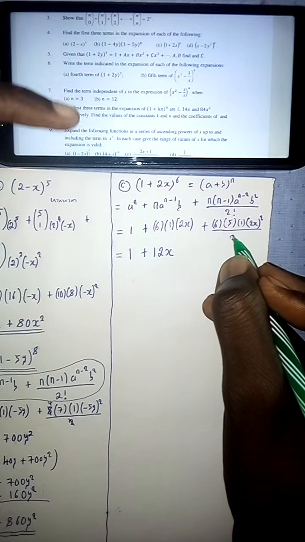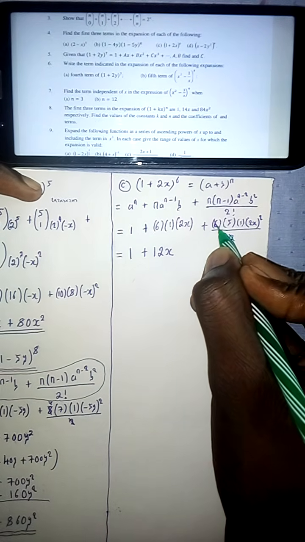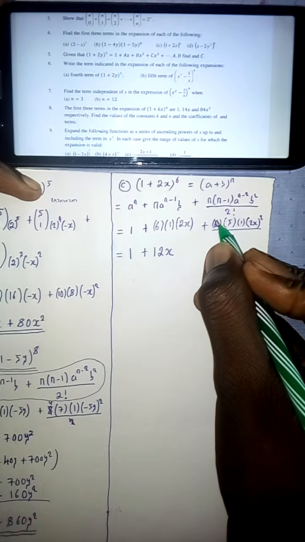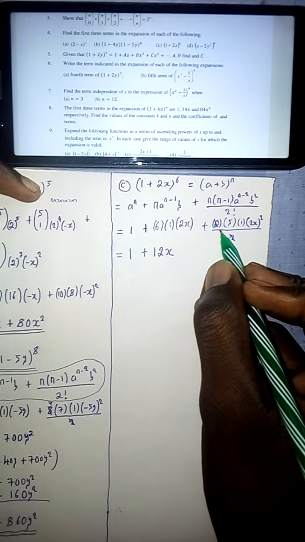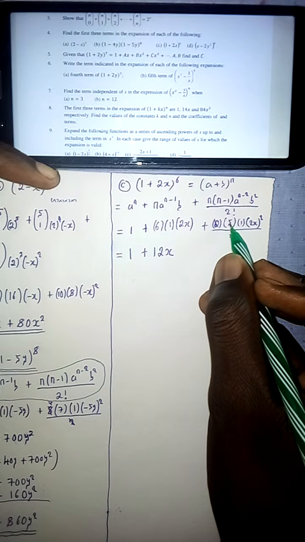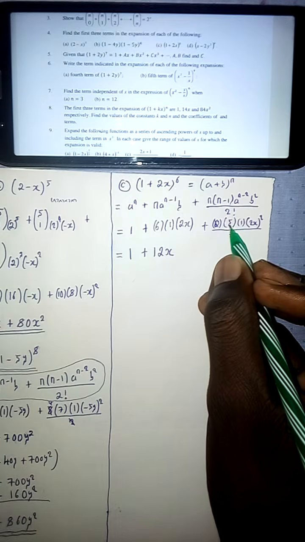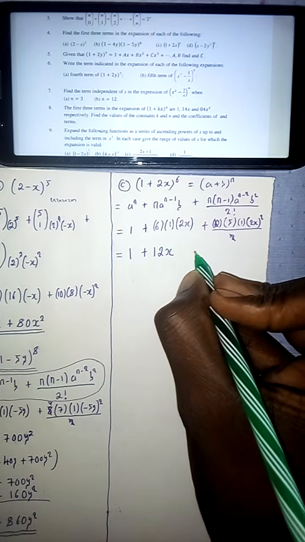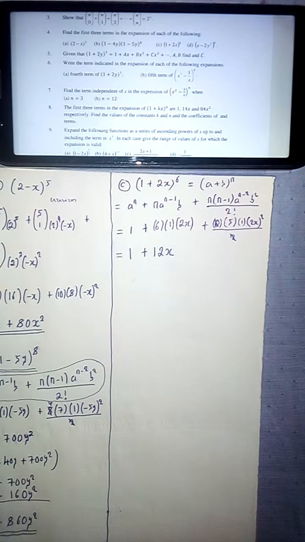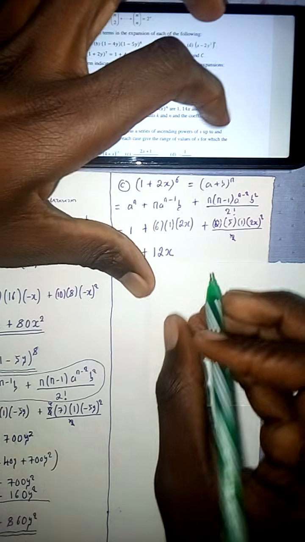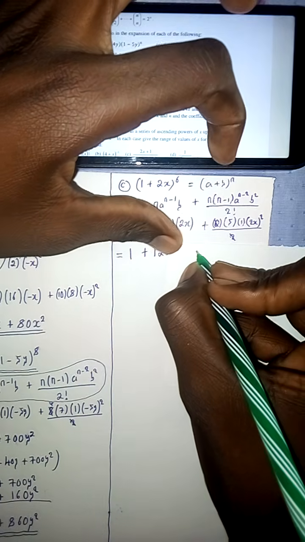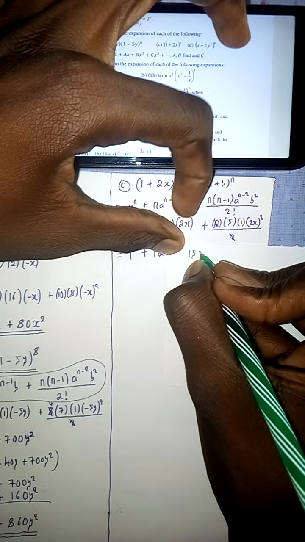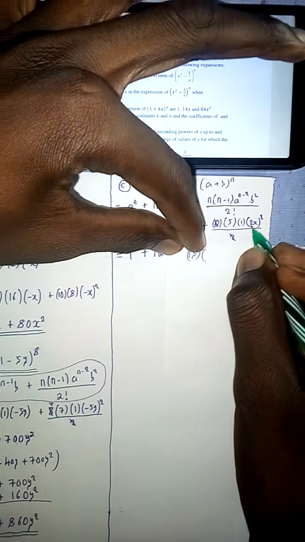Okay, so here we will remain with what? 3, right? So it will be 3 multiplied by 5, that will be 15. Yes, 15. So from this part we are going to have 15 multiplied by what? What about for this part?